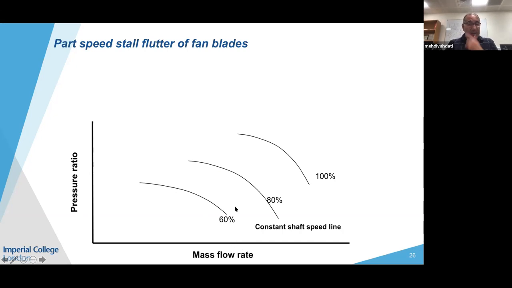So this is a typical fan map or a compressor map, and here you have different speeds: 100% speed, rotation speed of the fan, 80%, 60%. And obviously, as you increase the rotation speed, the sucking power of the fan gets more.